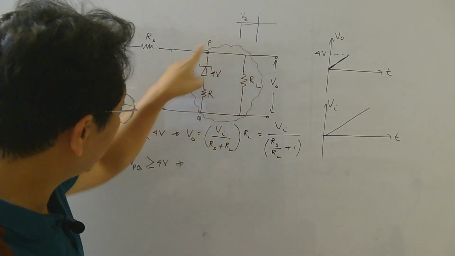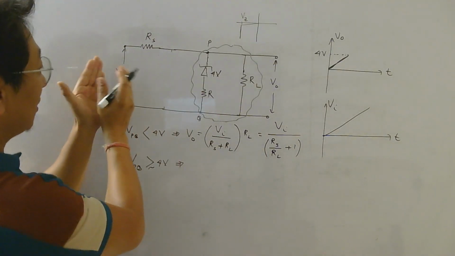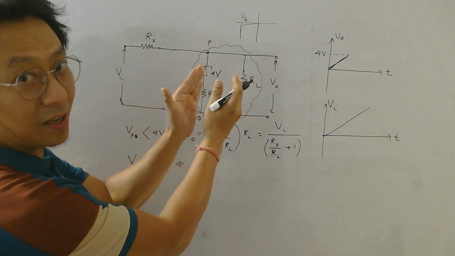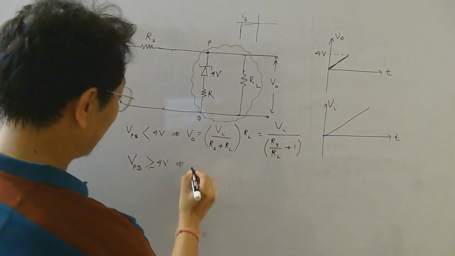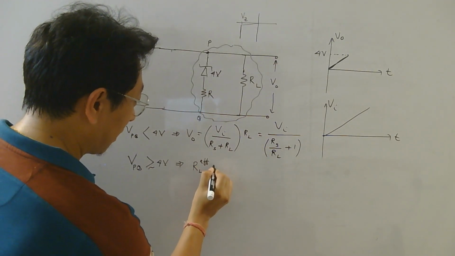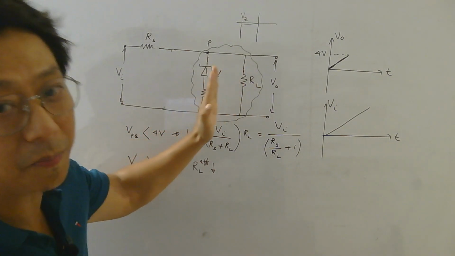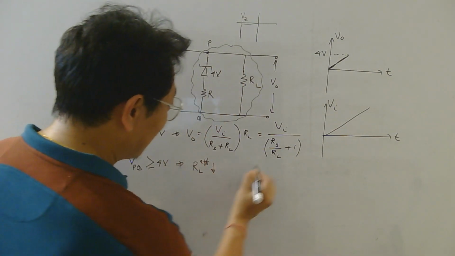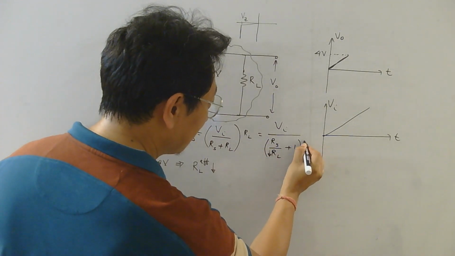So the effective resistance of the load, whatever resistance this voltage will see here, that equivalent resistance has decreased. So your effective load resistance has decreased because of the presence of this R in parallel. And if that decreases, this whole thing will increase.